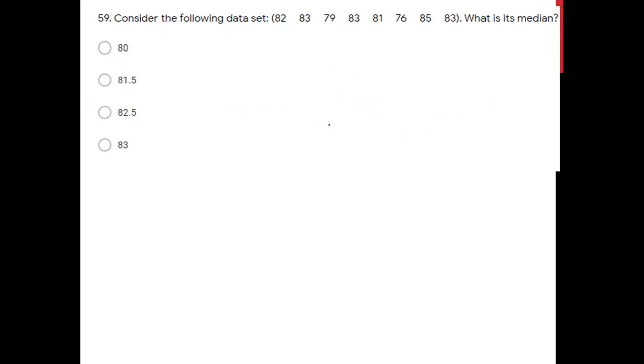Next, same data, but this time you need to get the median. From the word median, it's at the center. Now, how many data do you have again? 1, 2, 3, 4, 5, 6, 7, 8. So first thing, you need to rearrange this one in decreasing or increasing order. So let's arrange this one into increasing. The lowest would be 76. Next is 79.